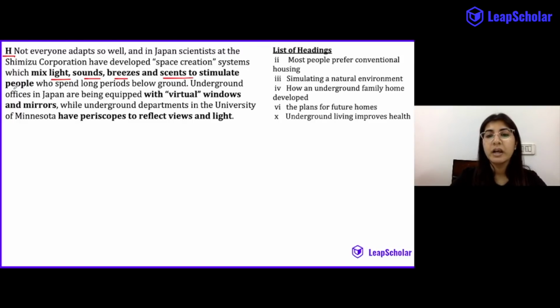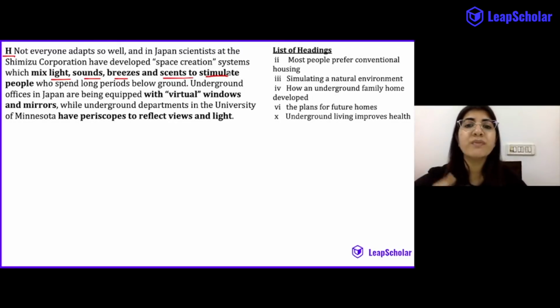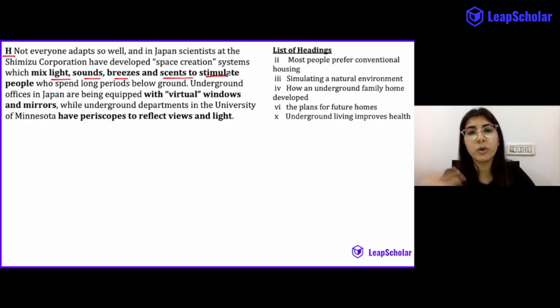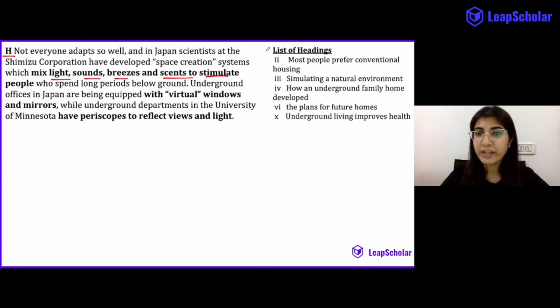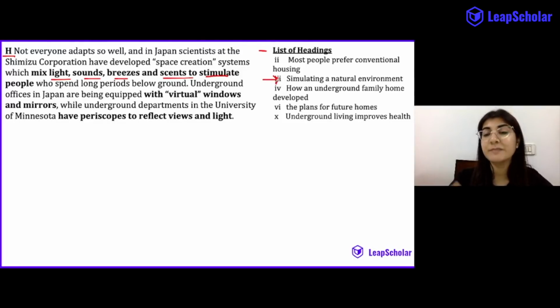Alright. So if you look at the meaning for the word stimulate, it means to encourage interest or arouse interest in, or fake interest in something which is virtual. And if you read your list of headings, most people prefer conventional housing. It does not really talk about that. Simulating a natural environment. Yes, this is exactly what this means. So why?